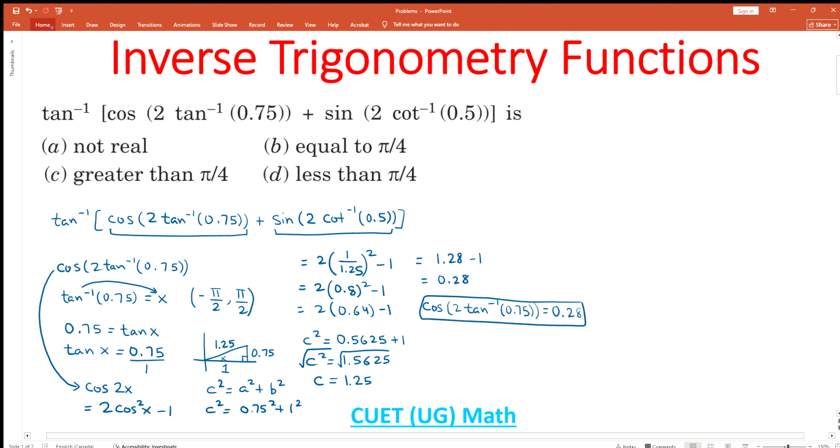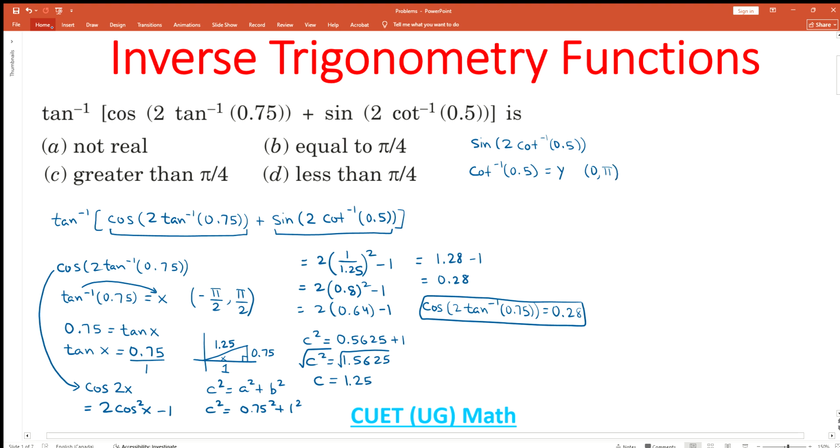Next, we can find the value of the term sine of 2 cotangent inverse 0.5. Let's assume cotangent inverse 0.5 is equal to y. The range of cotangent inverse function is open interval 0 to pi, which is quadrants 1 and 2.